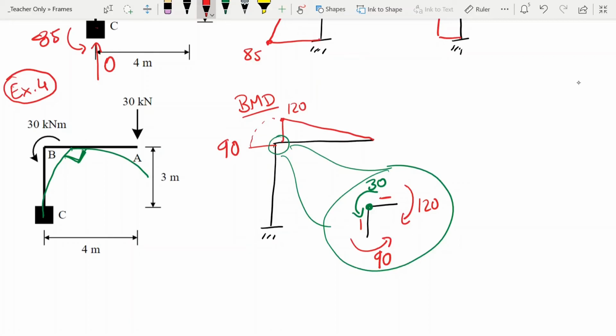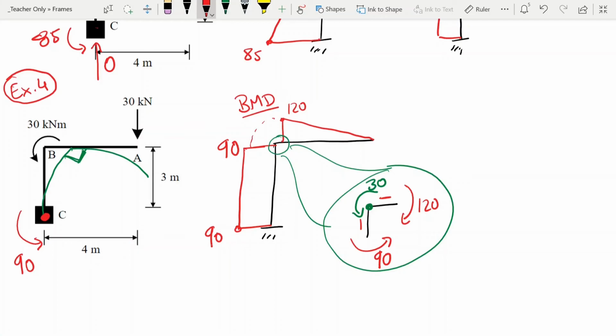Now, if we think about the moment at C, we still have 30 times 4 clockwise, we have the 30 counterclockwise, so that means the reaction also needs to be 90 counterclockwise. So with all this information, we can guarantee that this moment here is also 90, tension on the left side, and this will be constant.